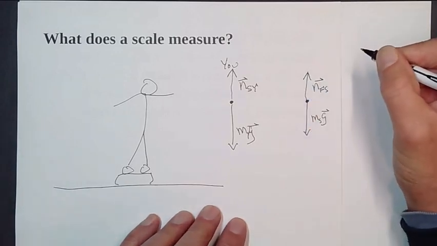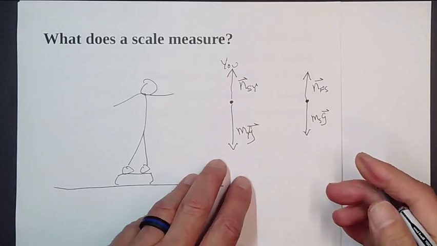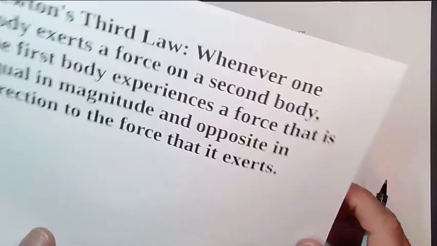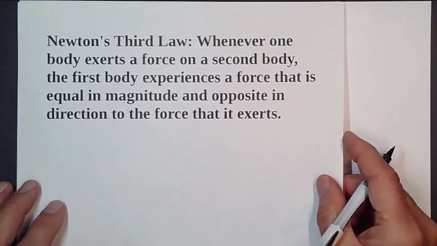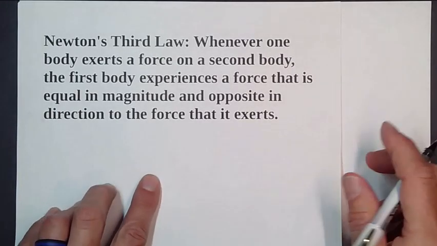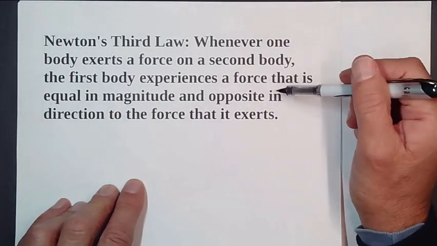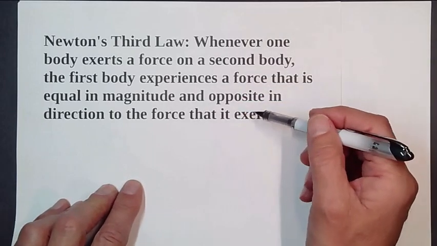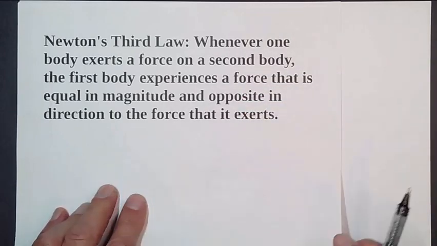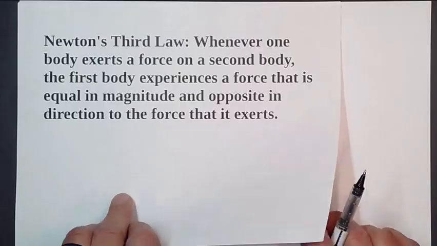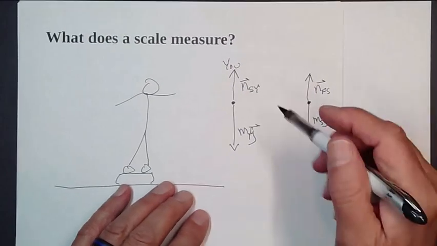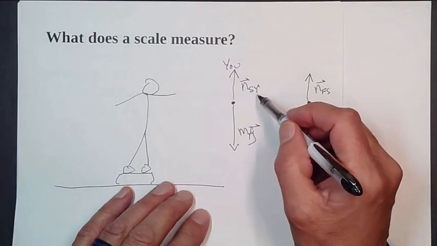And there's another force acting on it that we can understand if we consider Newton's third law. Whenever one body exerts a force on a second body, the first body experiences a force that is equal in magnitude and opposite in direction to the force that it exerts. Okay, the scale exerted a force on you.